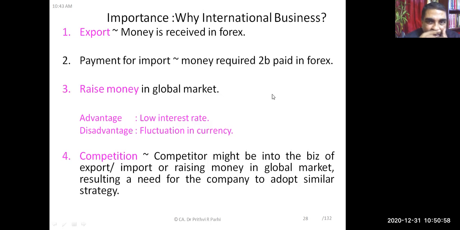Right. Third reason why knowledge of international business is important is that nowadays many business houses are raising money in global market. So there is a possibility to raise money from the global market. What happens in the global market? Cost is less. Cost of capital is less. Some of you might be knowing the concept of cost of capital.